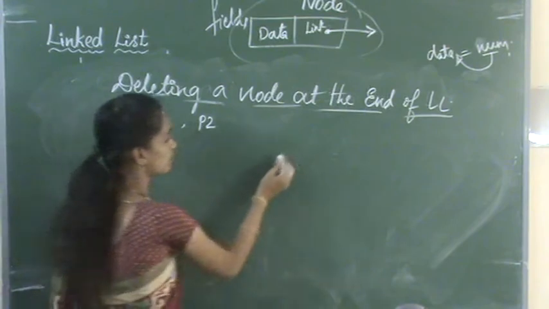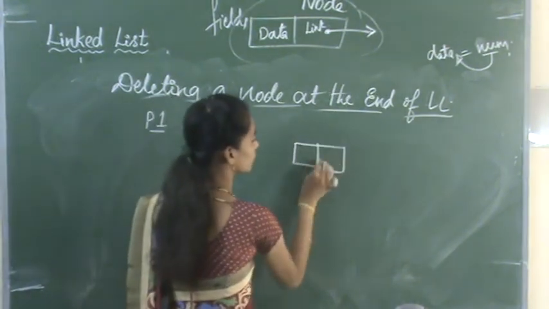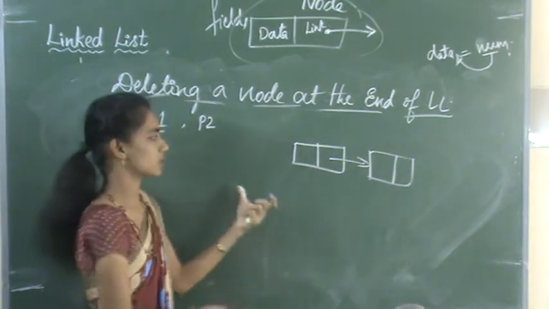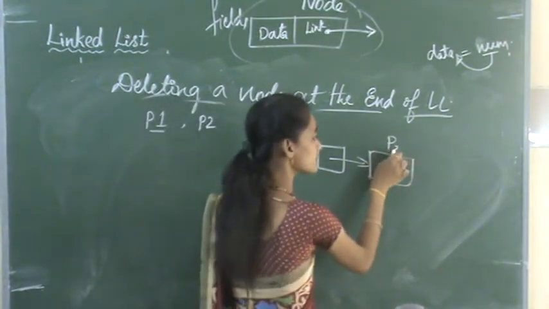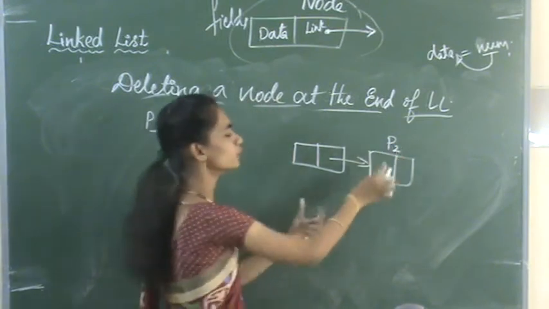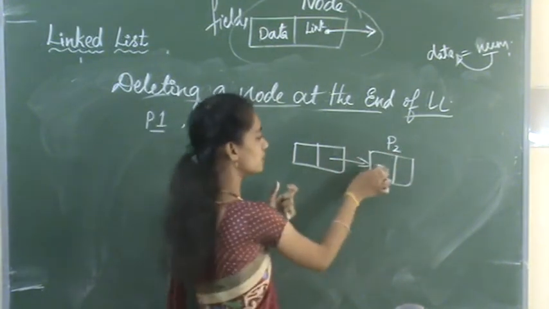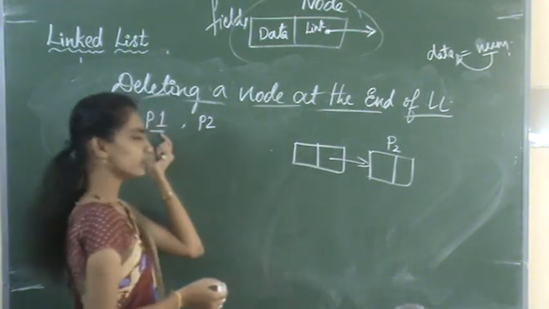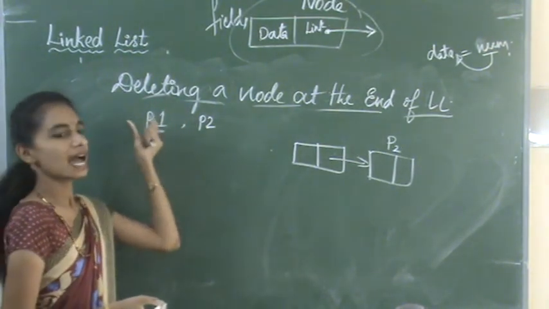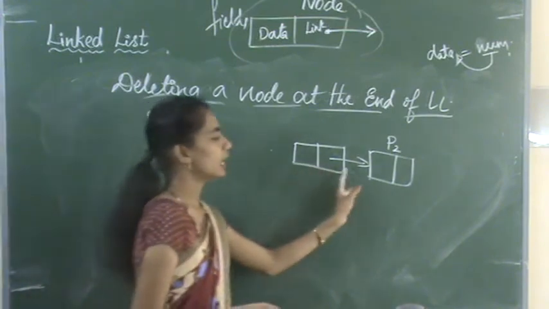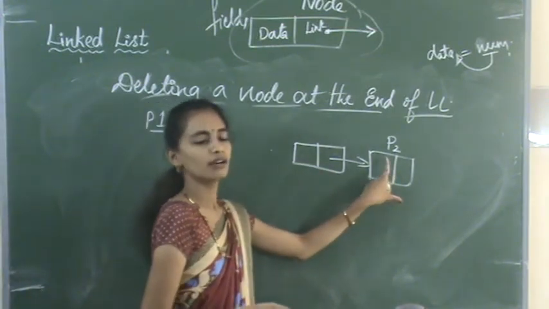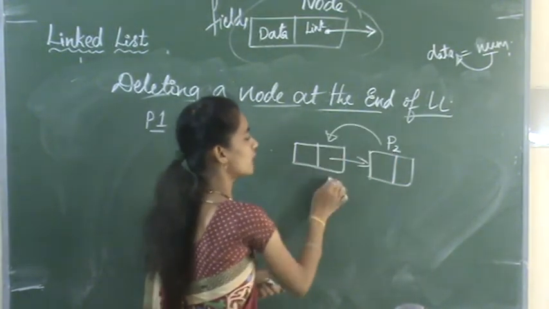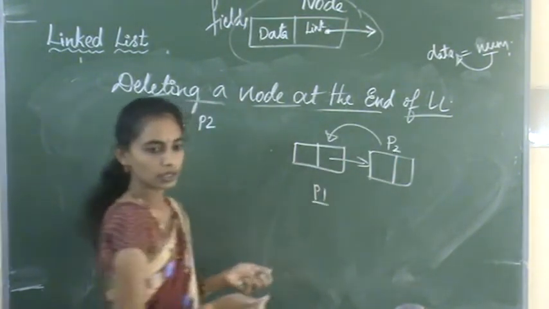For example, we have two nodes. Suppose I take this as P2. This P2 we use to traverse each and every node in the linked list. P1 stores the address of the previous node of P2. So P2's previous node's address is P1.